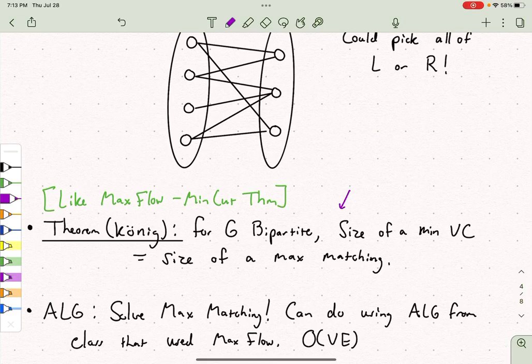This just is the key idea to prove the algorithm is correct. And this is very similar to max flow min cut. So again, we're going to end up unrolling our reduction to max matching and using properties of flows and cuts to prove the algorithm's correct.